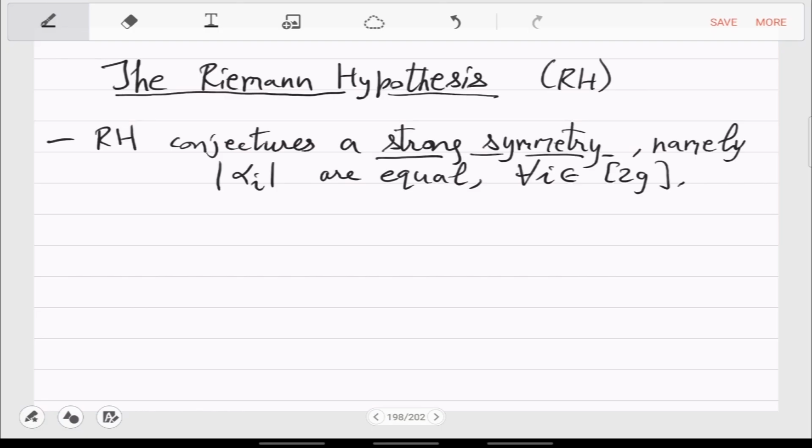It's not clear why you would want to conjecture that. It seems outrageous that all the norms of alpha, all these complex roots, have equal norm.